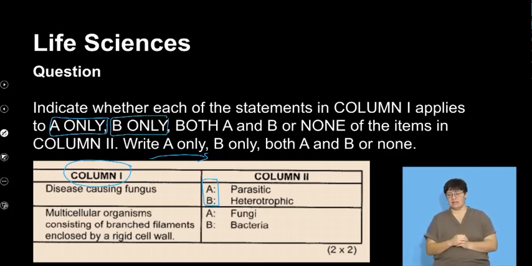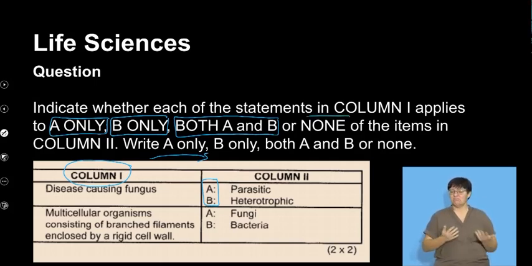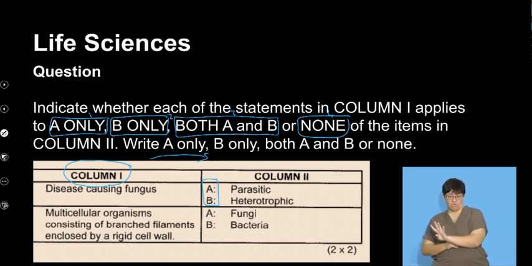If both A and B are correct, they both are the correct answer to the statement, you write both A and B. Or your fourth option, so you've got 1, 2, 3, fourth option, neither A nor B is correct, then you write none.